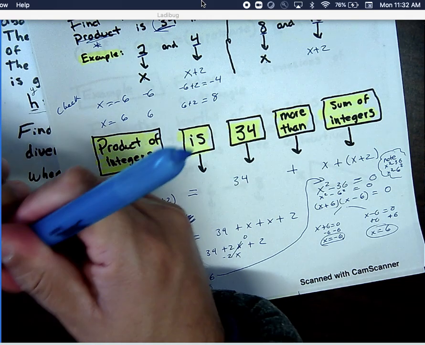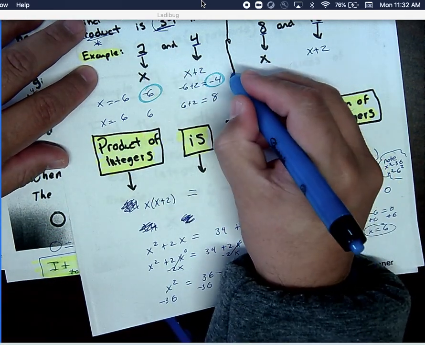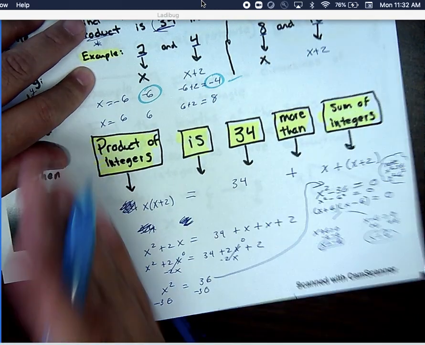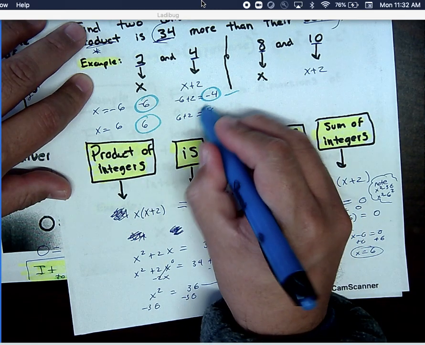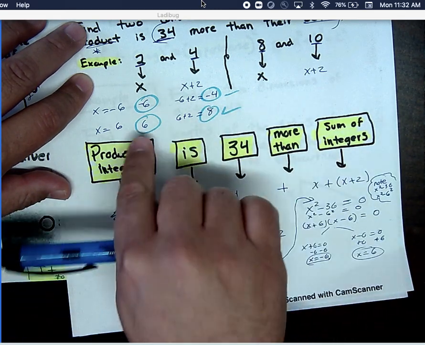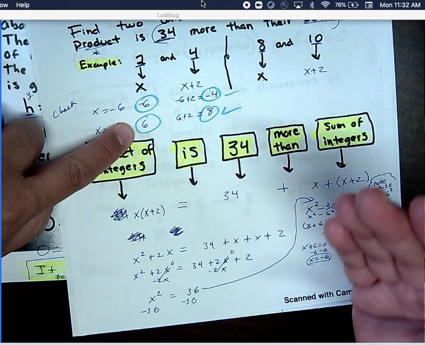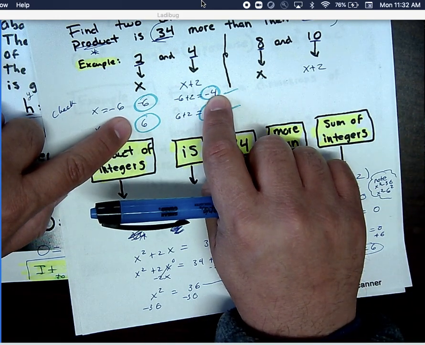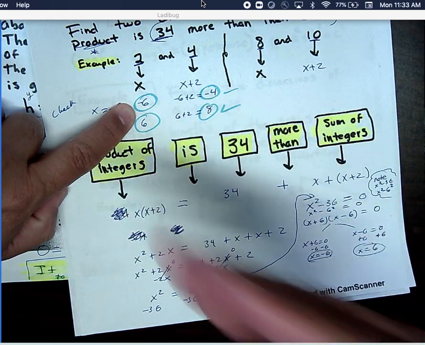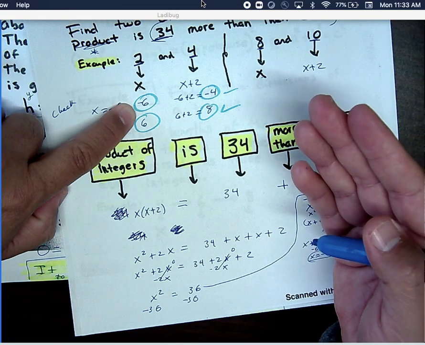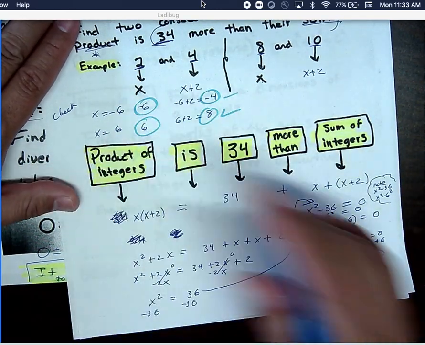Yes, negative 6 and negative 4 are consecutive, and 6 and 8 are consecutive even integers. You start with 6, add 2, and get the following even integer. You start with negative 6, add 2, and get the following negative even integer. So those are the answers.